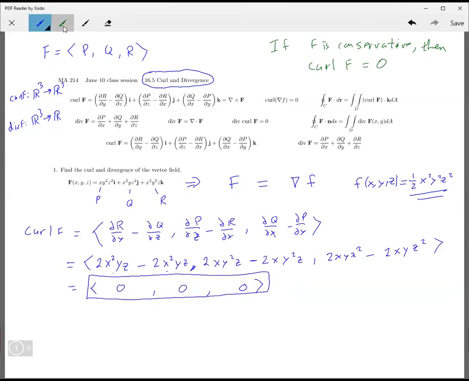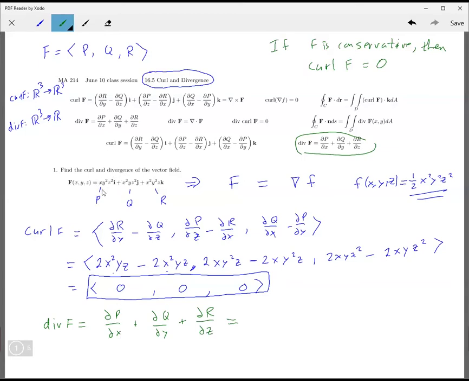And then for the second part, let's look at the divergence, div F, and that's this one here. That's the partial of P with respect to x plus the partial of Q with respect to y plus the partial of R with respect to z. So partial of P with respect to x, what is that going to be?